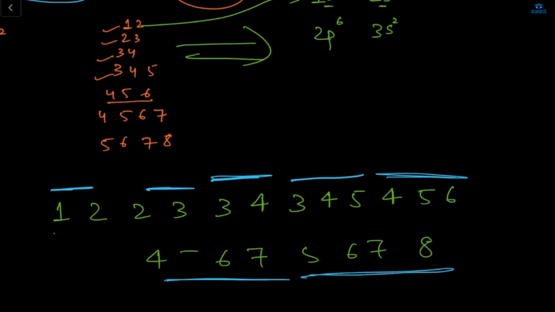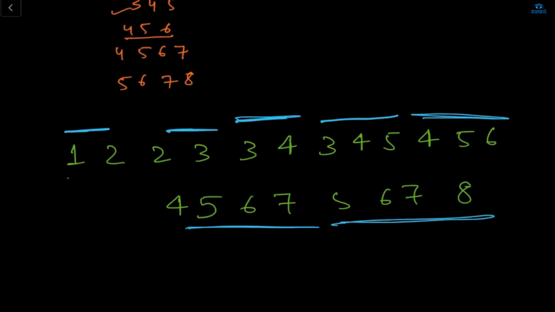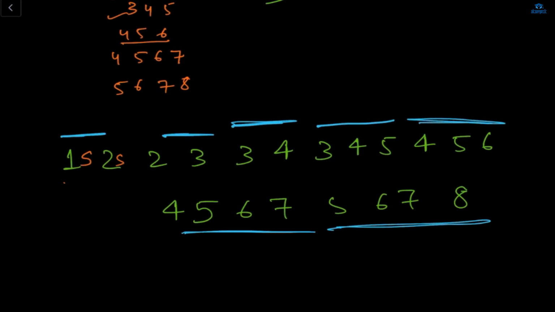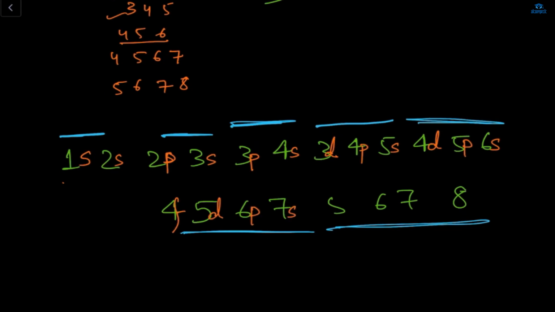Let me start from the start. So starting it will be s, then s, then p, s p, s p, 4p, 5s, 4d, 5p, 6s, 4f, 5p, and then for 5 it will be f, 6 it will be d, and then p.